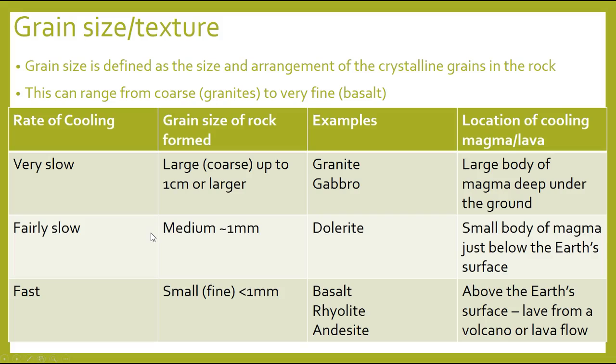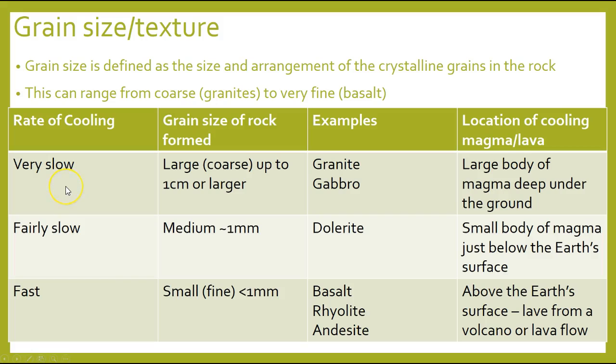Minerals will grow provided they have the energy to form new bonds. If you cool a rock very quickly, the minerals do not have room to grow, the crystals are small and it's fine grained. If, however, there's lots of energy in the system and the crystals can grow into larger crystals because they can form new bonds, then you get coarse-grained igneous rocks.